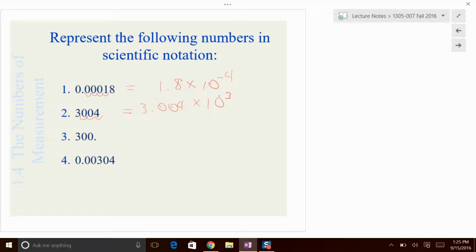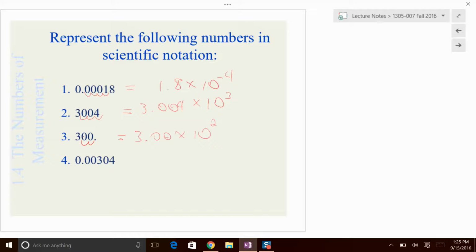300 with a decimal. 3.00 times 10 to the second. 1, 2, right? Times 10 to the second.